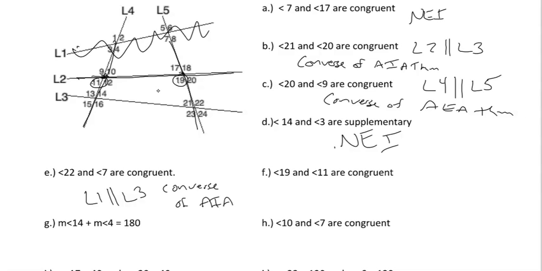Corresponding angles are supposed to be congruent, and they say they're congruent, so yes, those two lines, L4 must be parallel to L5 by the converse of the corresponding angles theorem. And if you don't remember converse for when you're proving lines are parallel, then it is incorrect.